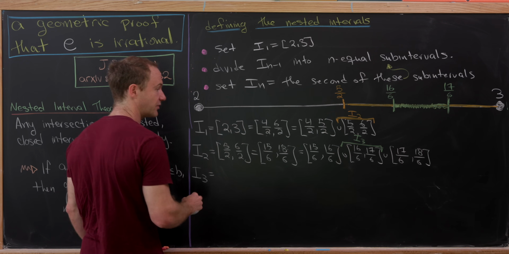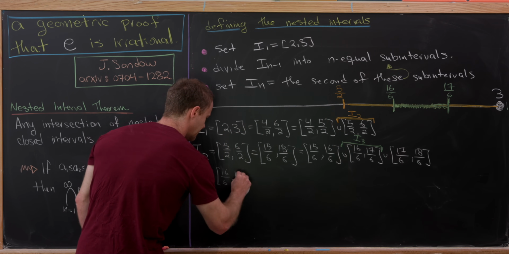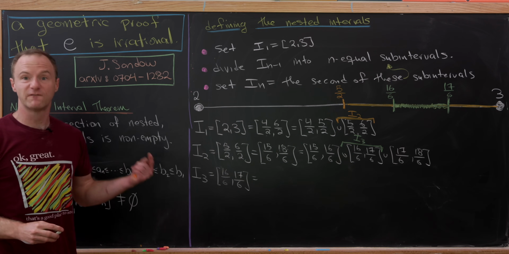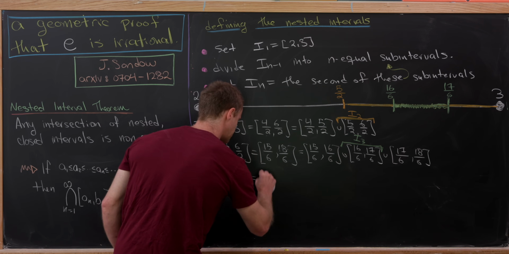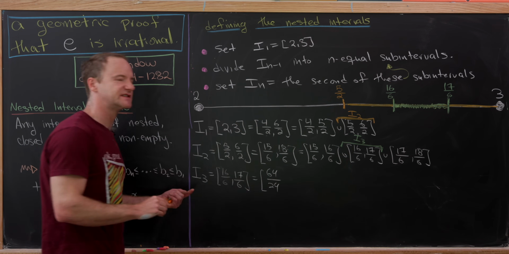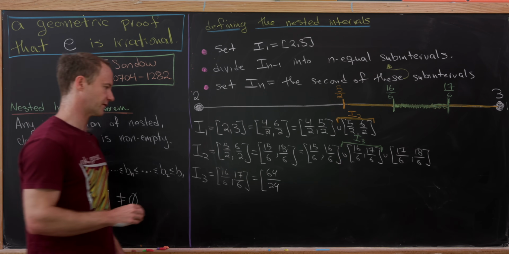So we've got I sub 3 is equal to 16 over 6 to 17 over 6. Now we want to split that into 4 equal subintervals. I guess I should say we want to introduce a denominator of 4 now, so we'll multiply by 4 over 4.